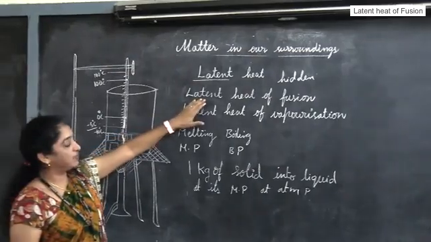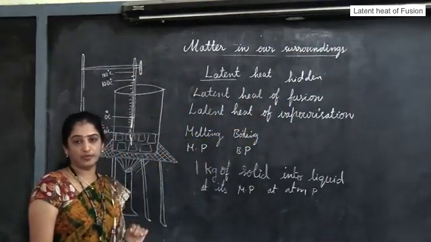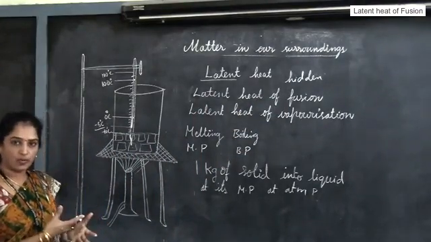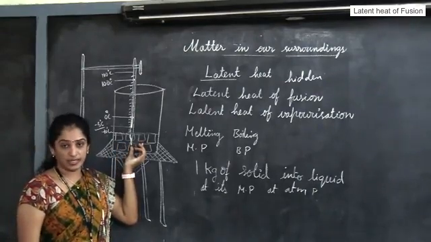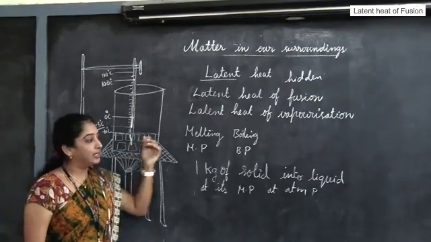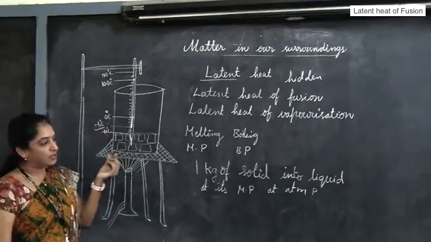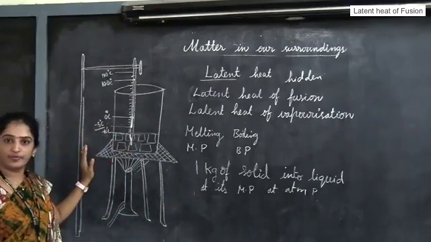Once again, latent heat of fusion means the amount of heat energy required to convert 1 kg of solid into liquid state at its melting point and atmospheric pressure. This is called latent heat of fusion.